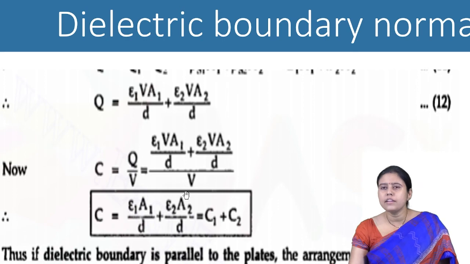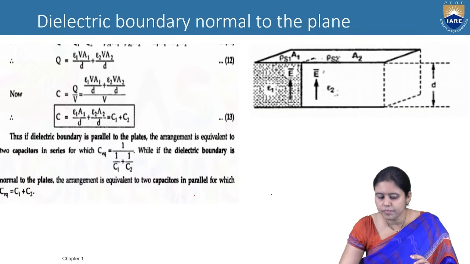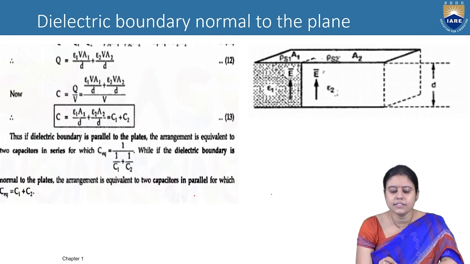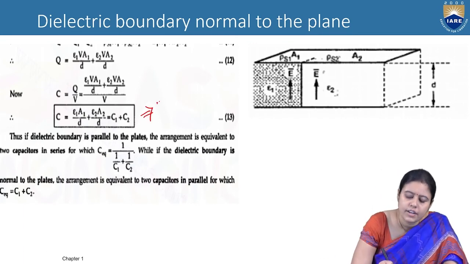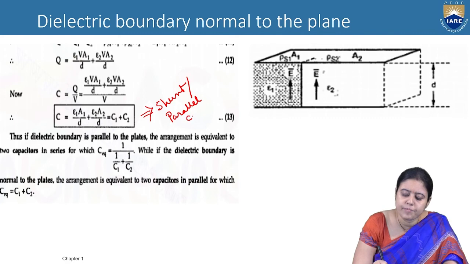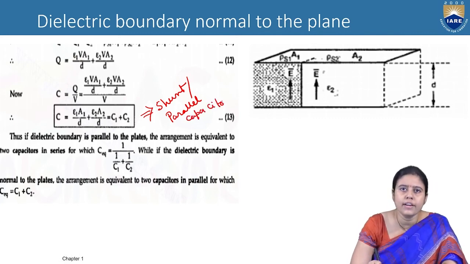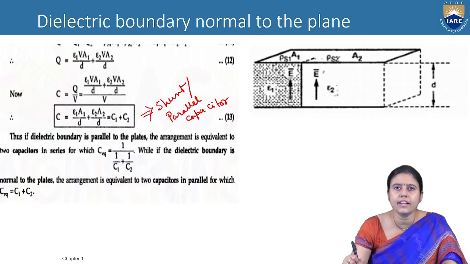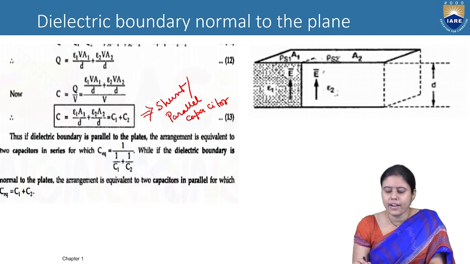You can see one thing here. Whose formula is this? This is the formula of the shunt or parallel capacitor. And you can also check this one: when current is flowing, it will go through one line and another line, so both the capacitors are in parallel.